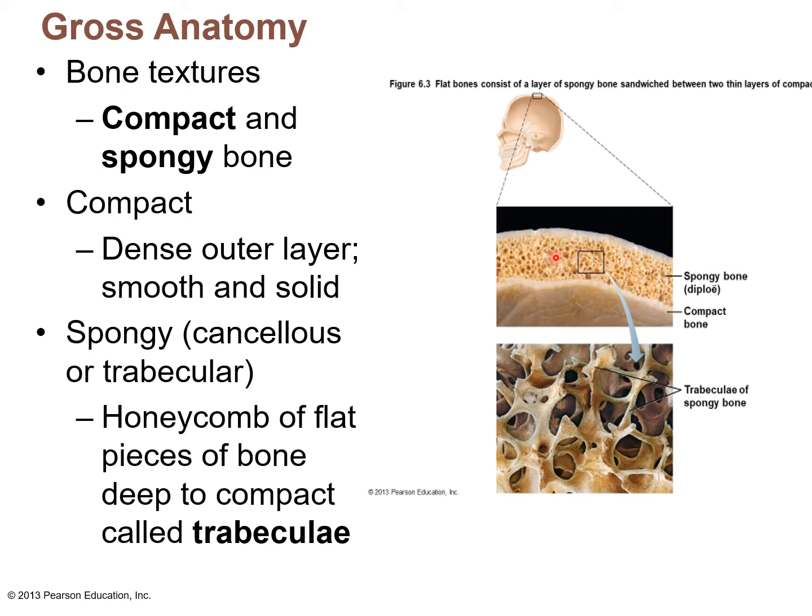Otherwise, from the exterior surface, you would only be seeing the compact bone. But if you split it open, you will find the spongy bone inside of it. And as I said, the spongy bone can have several names: cancellous, trabecular, or even diploid. And that name, diploid, is only for the spongy bone within our skull.